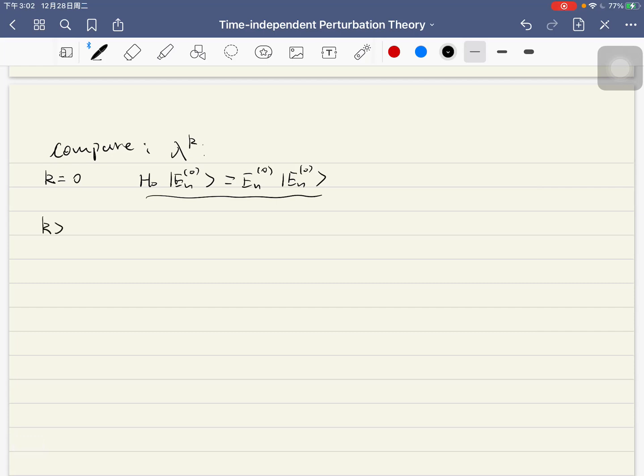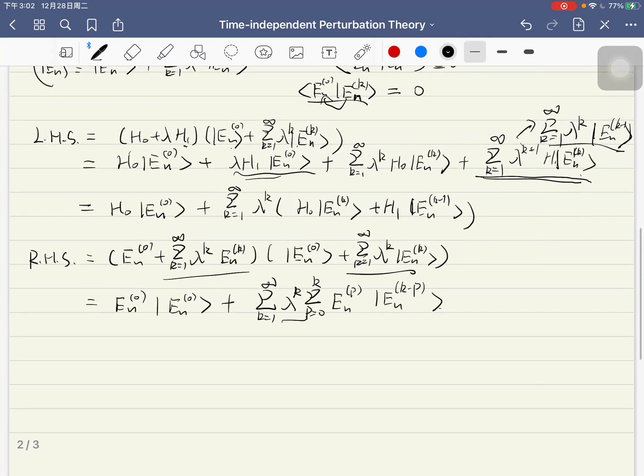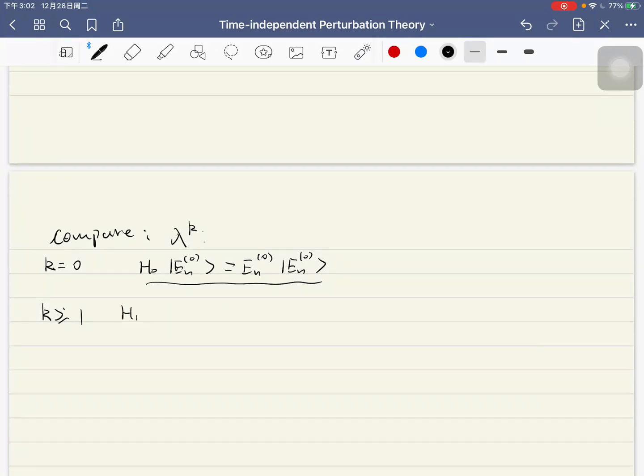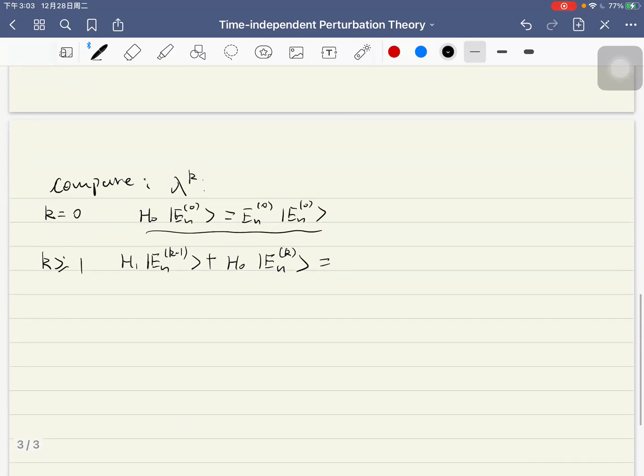Now for k larger than or equal to 1, we compare the left- and right-hand sides at the k-th order. For the left-hand side, we have H1|n(k-1)> plus H0|n(k)>, and the right-hand side equals the sum over p from 0 to k of En(p)|n(k-p)>.